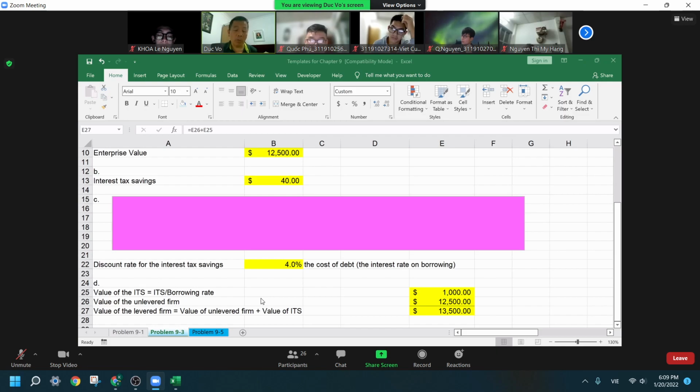Because when the company borrows, they can get the benefit from the interest tax saving. Okay, any question on that?